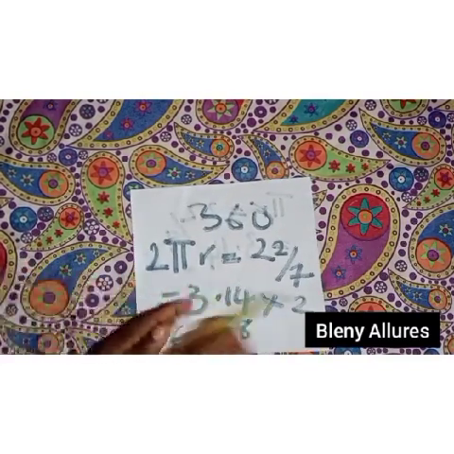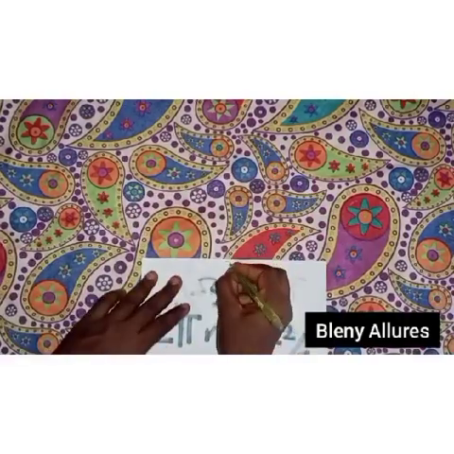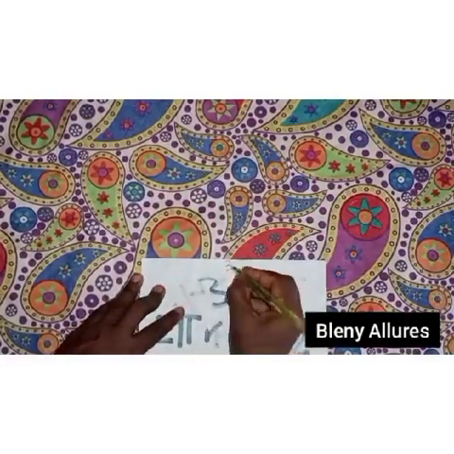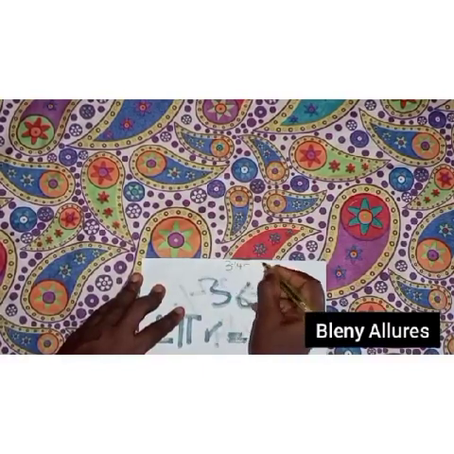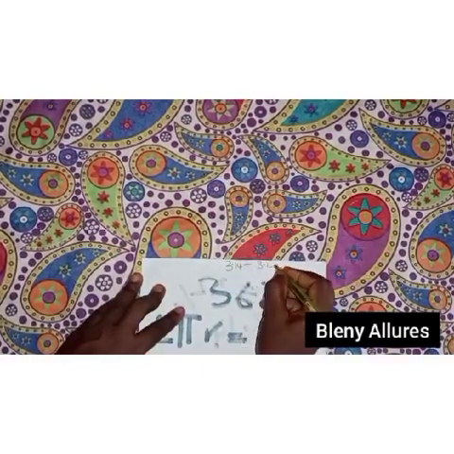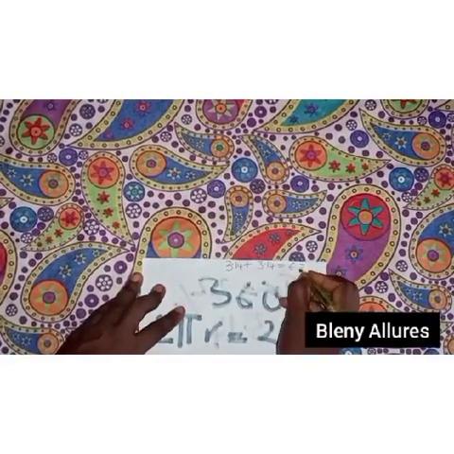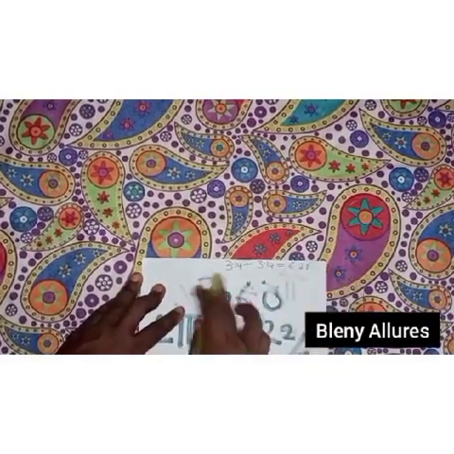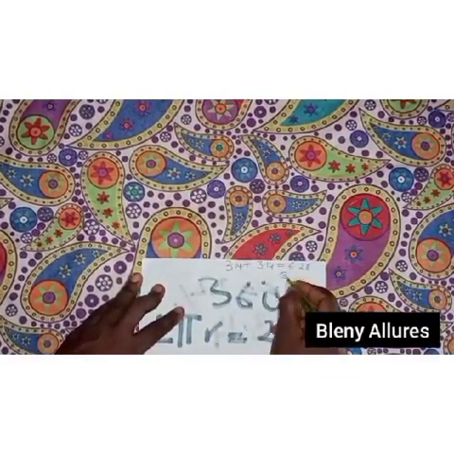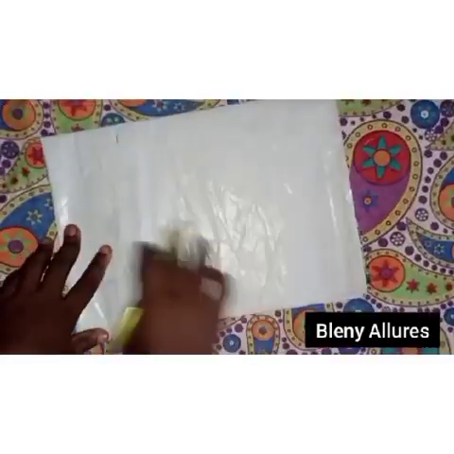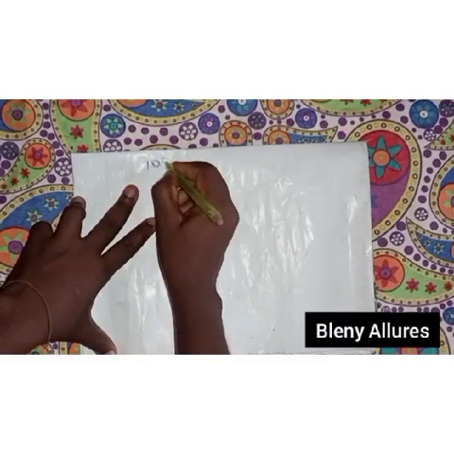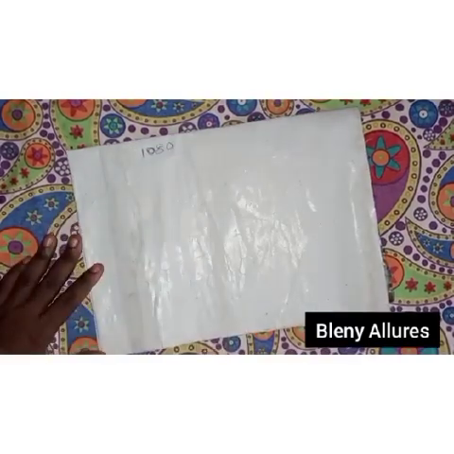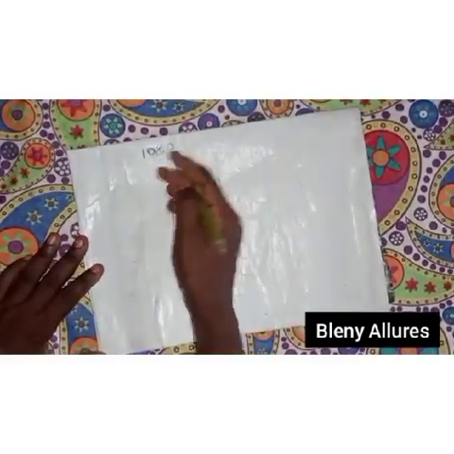But for the 1080-degree flare, it means 360 degrees times 3. It will give you 1080 degrees. So it means that we are going to get 3 different 360-degree flares. So we'll go straight to drafting of that. Like I told you before, our 1080-degree flare means 3 different 360-degree flares.